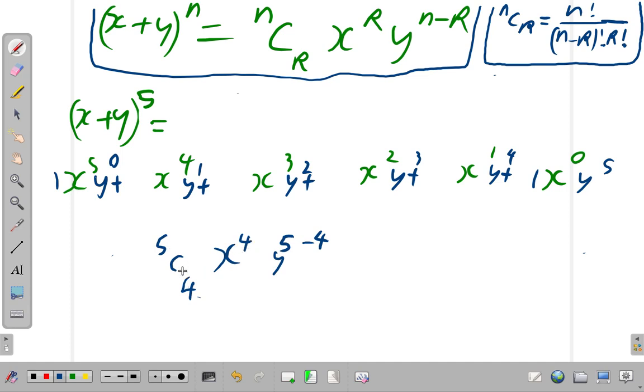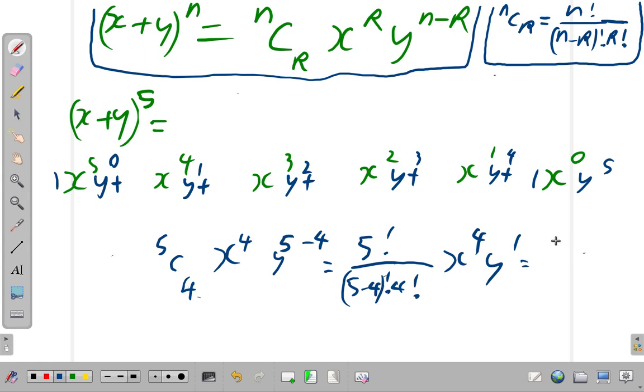Now, 5C4. This means 5 factorial divided by (5 minus 4) factorial times 4 factorial. You have x^4, y^(5-4), which is y^1, which is what we have here, x^4 y^1. It's a matter of getting this number here. So, what is 5 factorial?